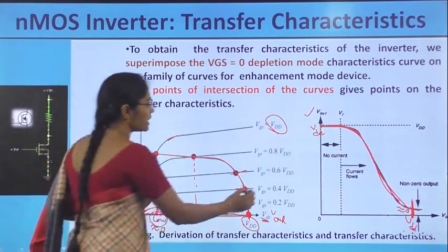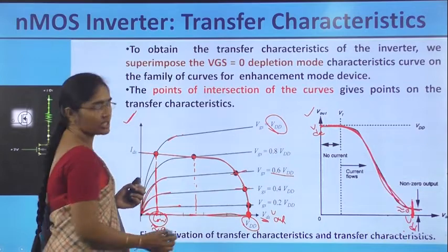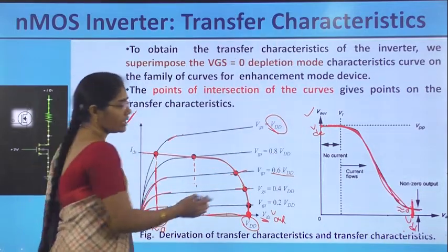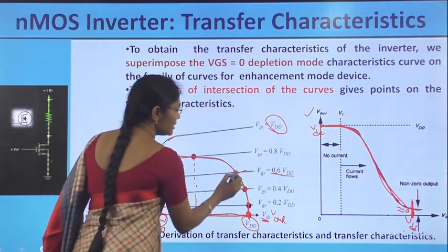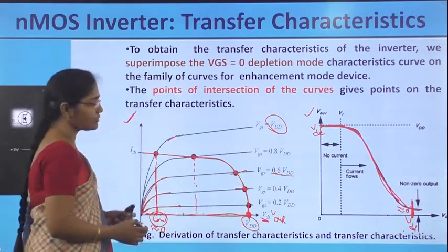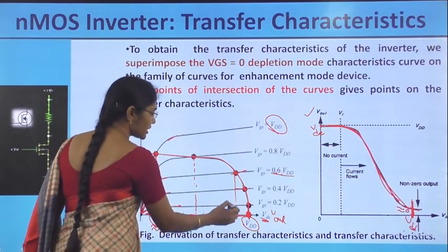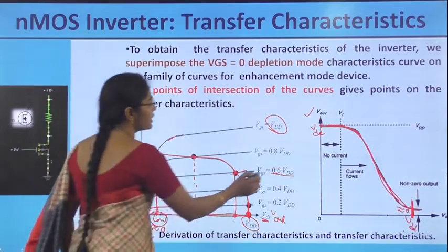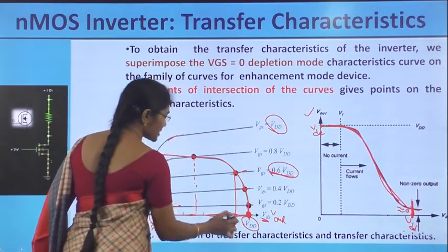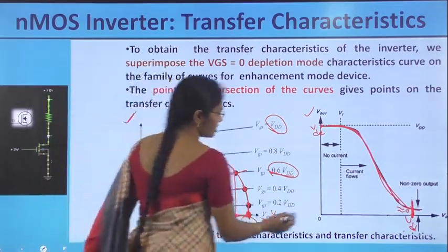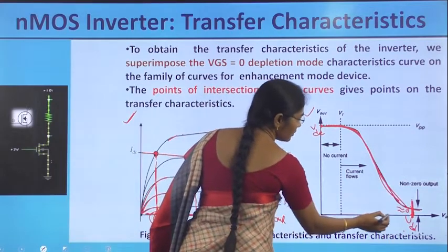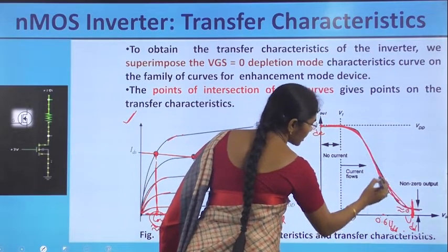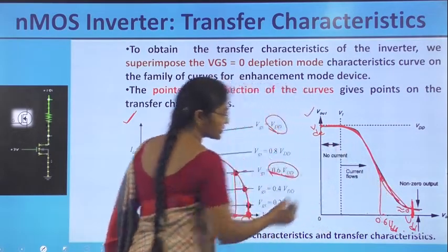In the middle, if we take an input of some intermediate value, 0.6 VDD, then the VGS graph and VDS graph give the output value of this much.